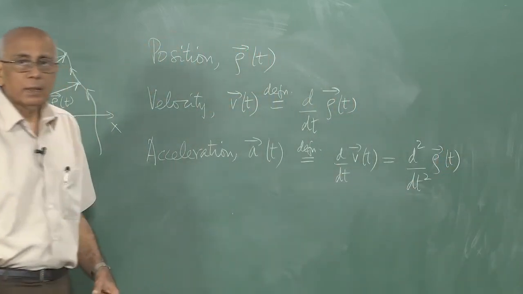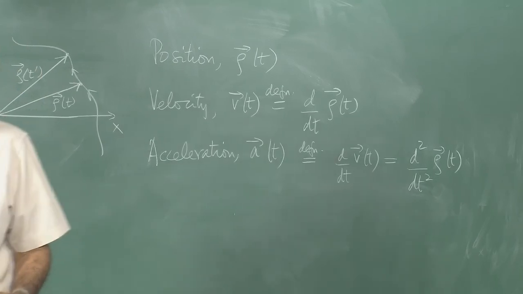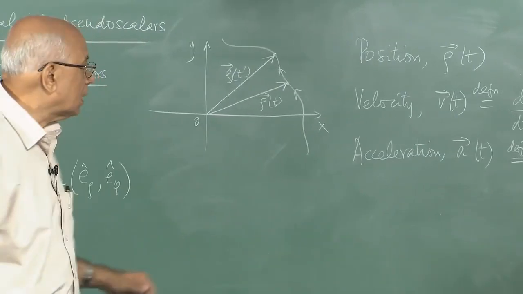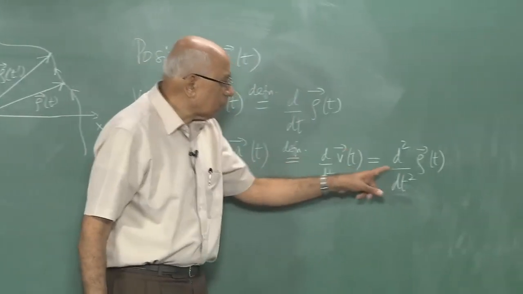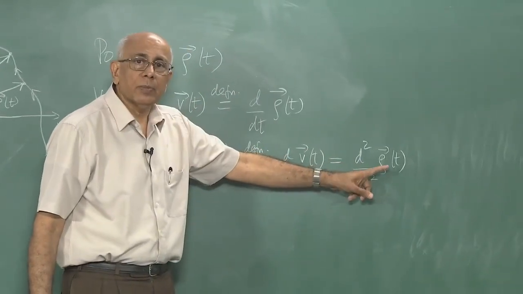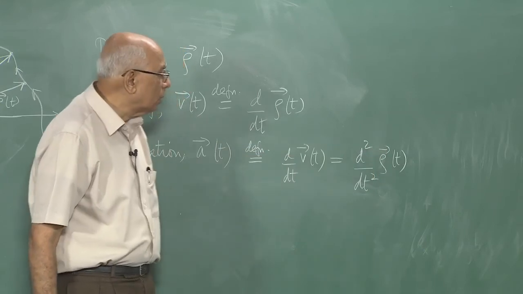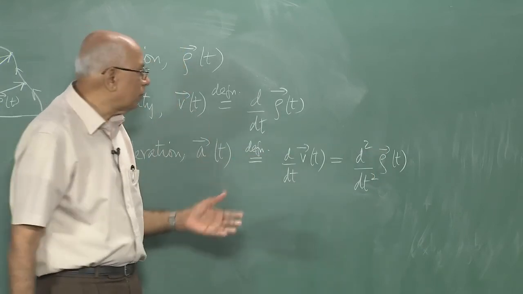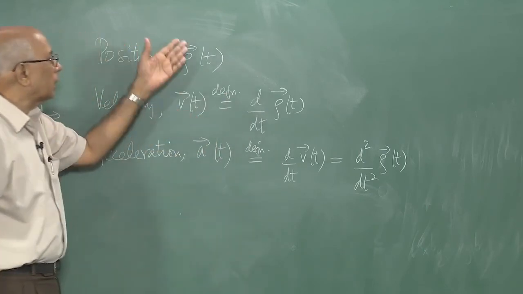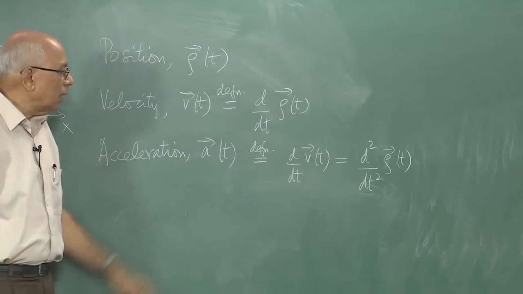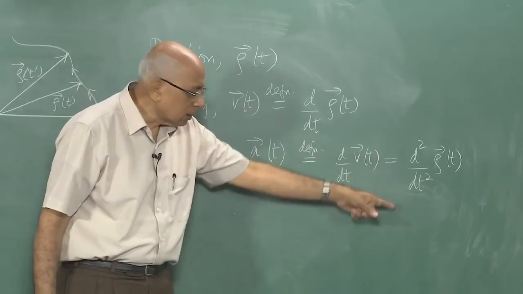So if you like, the problem of particle dynamics at this level is to say that if the second derivative with respect to time of the position is given to you, can you work backwards and find the first derivative, namely the velocity, and then can you work backwards and find rho of t. These are derivatives, differentials.